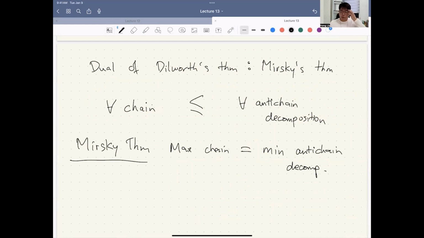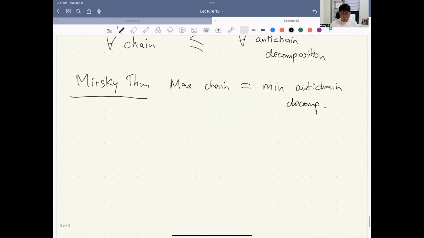I want to start with Mirsky's theorem because it has a simpler proof than Dilworth's theorem, even though they look very similar. So let's prove Mirsky's theorem first. The idea, let me first write the idea. Mirsky's theorem can be summarized into one sentence.